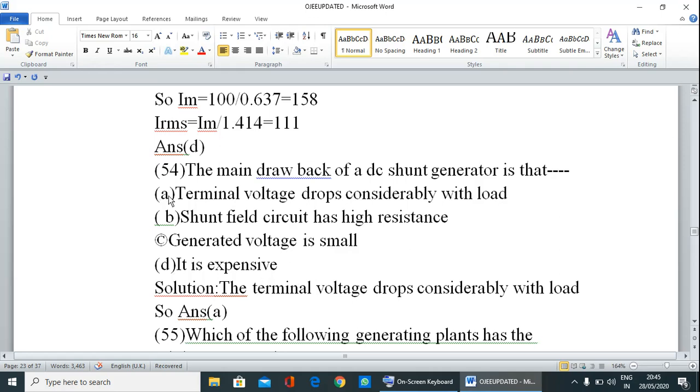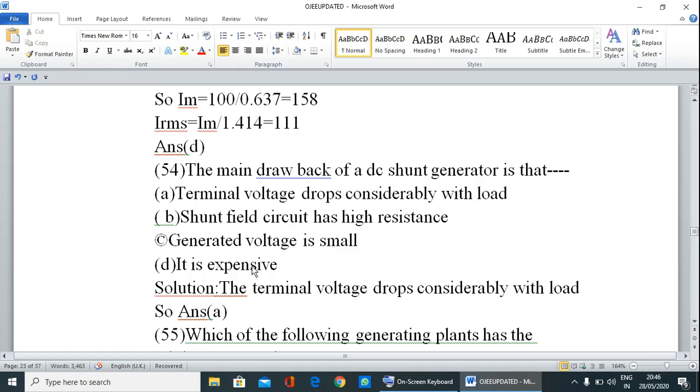So the correct answer is A. When a DC shunt generator is connected to more and more load, the terminal voltage drops drastically. Therefore, it is generally not used, because when we increase more and more load on a DC shunt generator, the terminal voltage gradually decreases. So the correct answer is A.